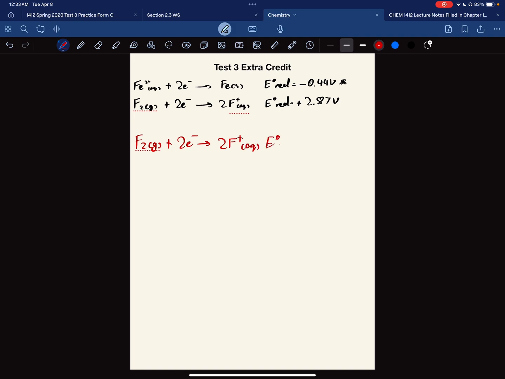E naught red is going to be plus 2.87 V. On the other hand, when we flip the reaction for iron, we also flip the sign of E naught red and it turns into E naught ox, which is 0.44 volts.